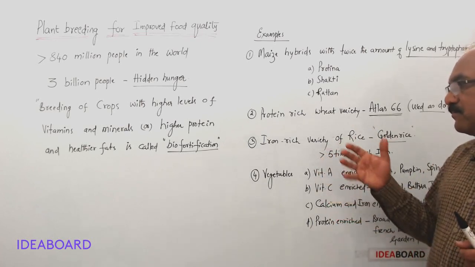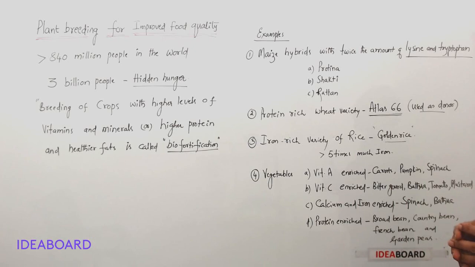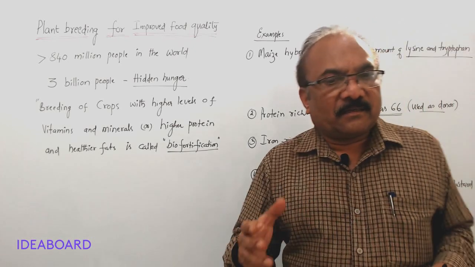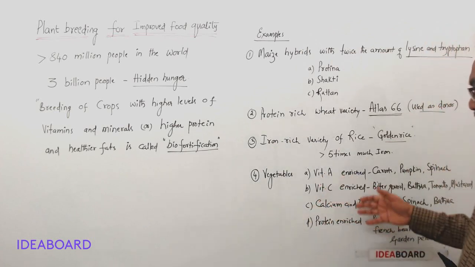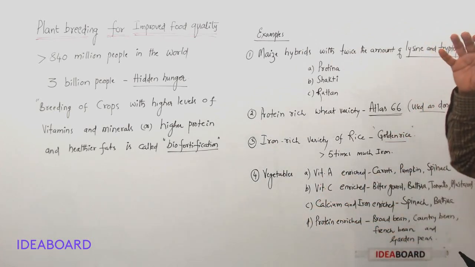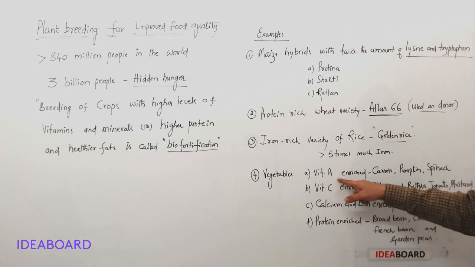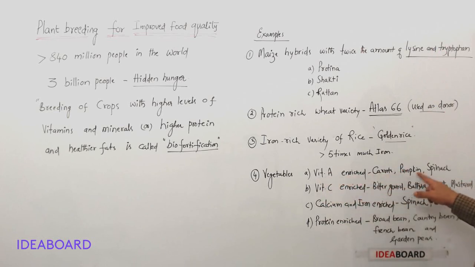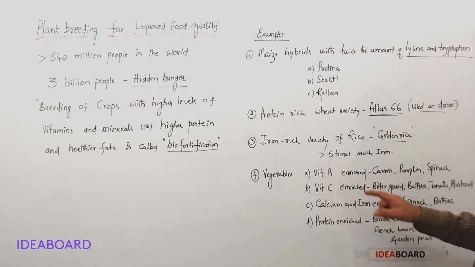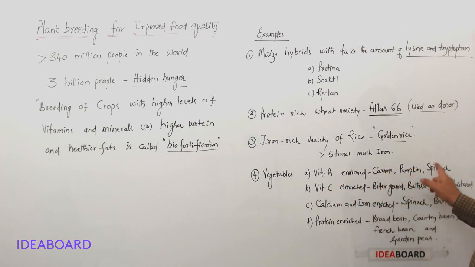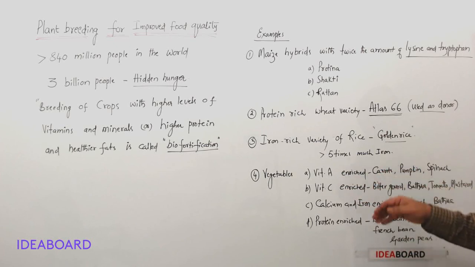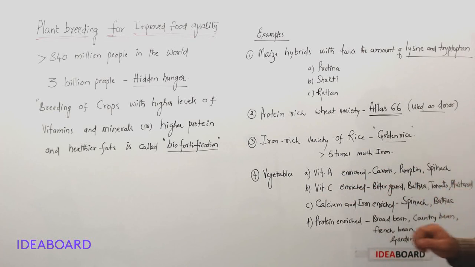Okay, and they have developed some vegetables also, and they have successfully released them into the market. And you can see here a list of these vegetables. Vitamin A enriched carrots, pumpkin, and spinach. Once released, and vitamin C enriched bitter gourd, bathua, tomato, and mustard.